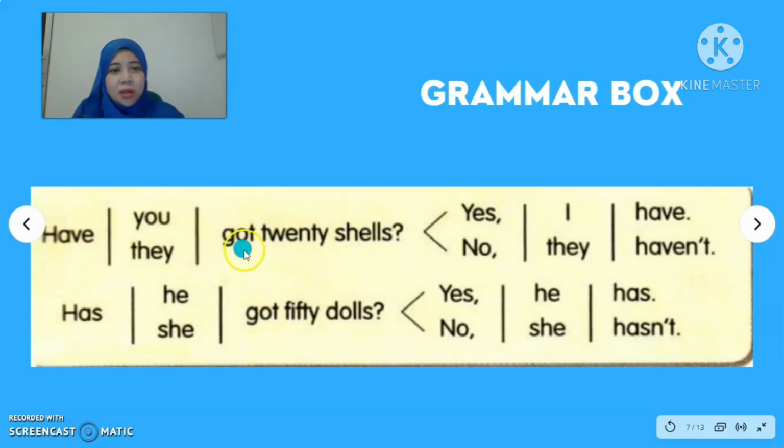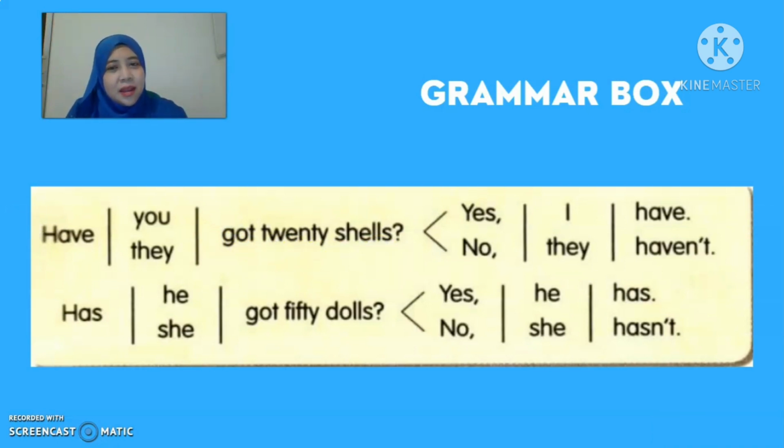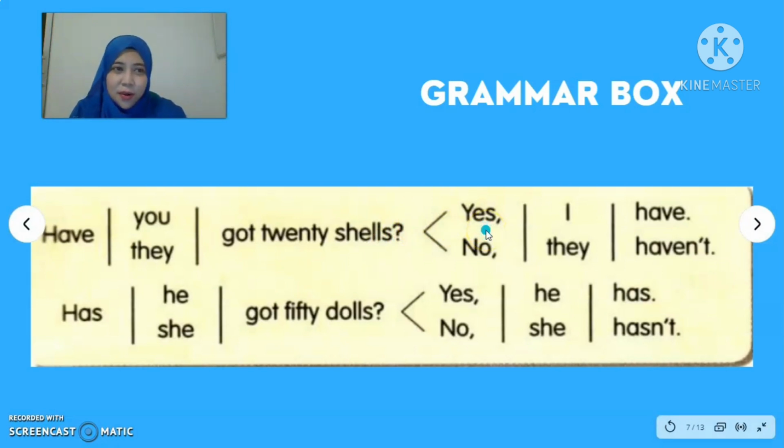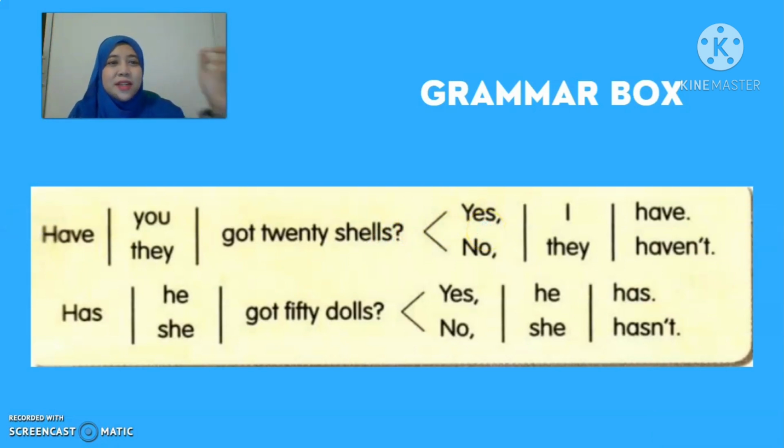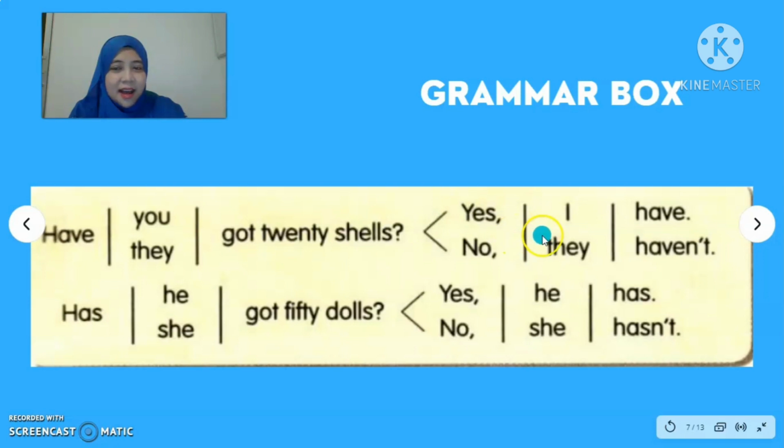Have you got 20 shells? When I ask you a question, have you, do you answer with yes, you have? Is it correct? No, when I ask you, you have to answer yes, I have.